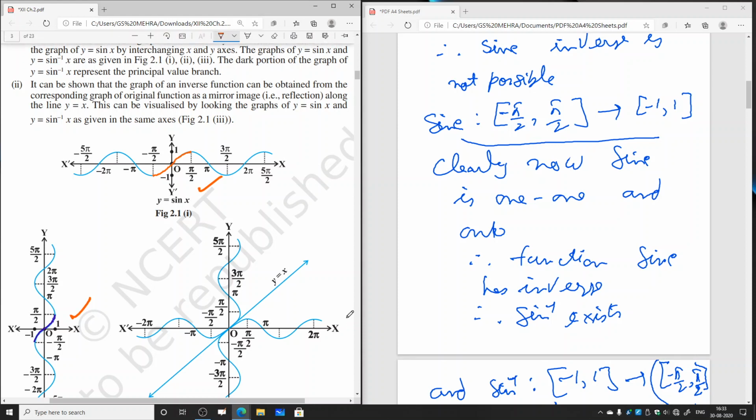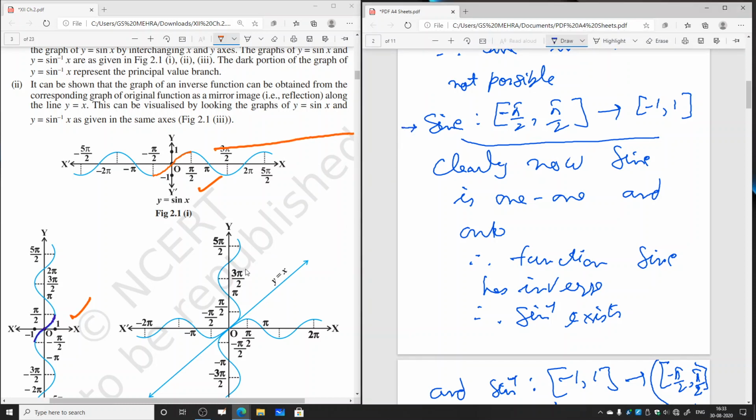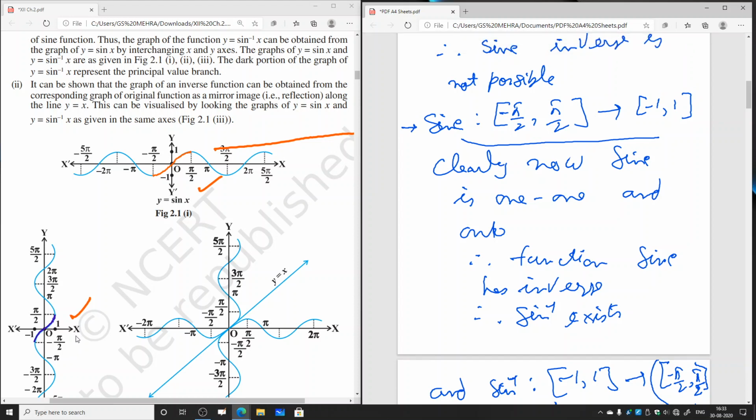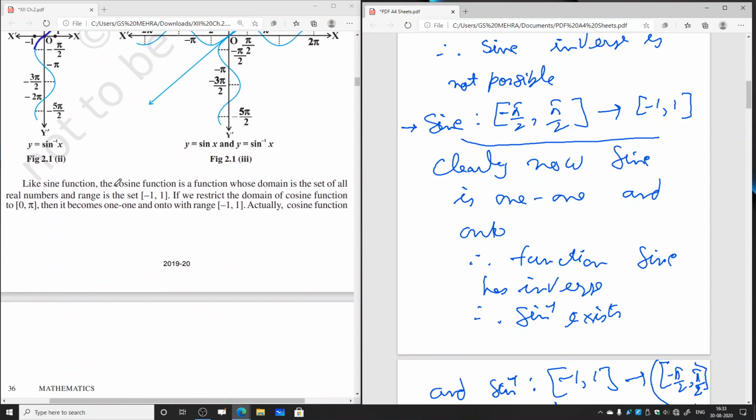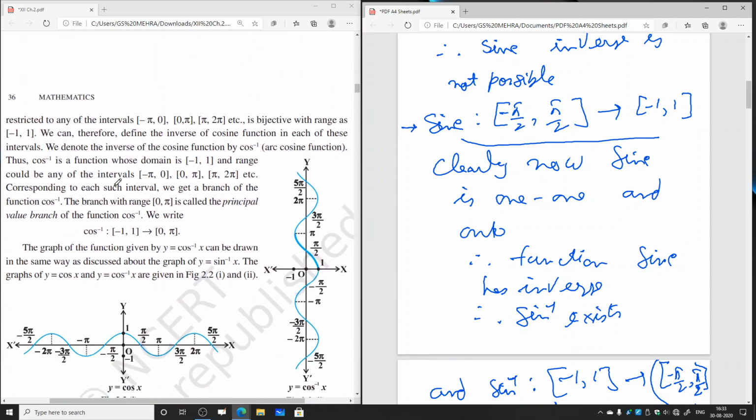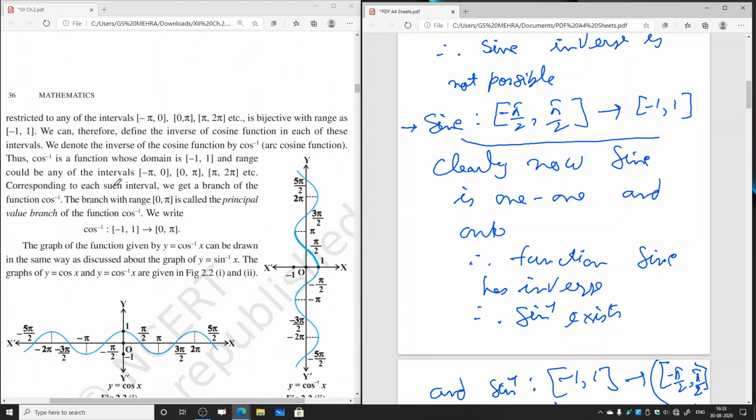So this is the graph of this one. And if we take the inverse of this function, we get the graph of the other one. We simply have to interchange x and y, and we will get the inverse of sine.